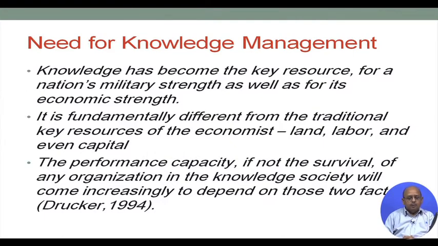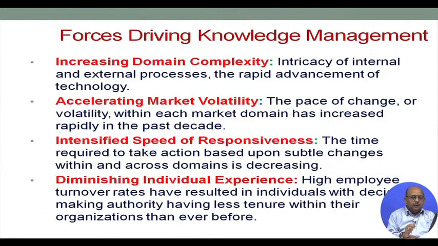So, what I mean to say is that these statements suggest that if companies have knowledge management systems, they are going to be more efficient, and they are going to survive in an unpredictable environment.